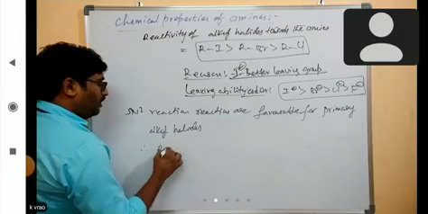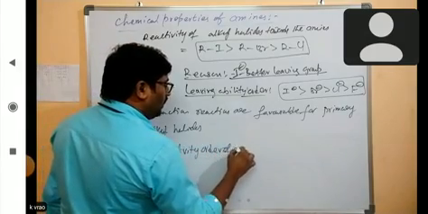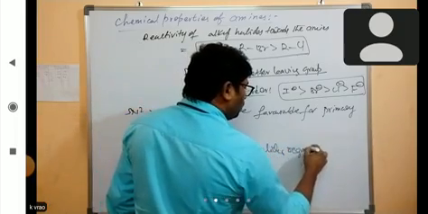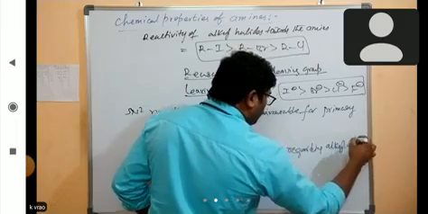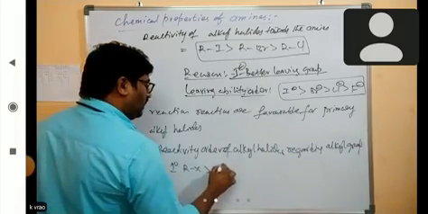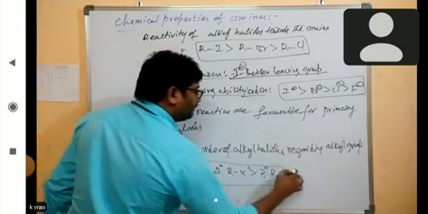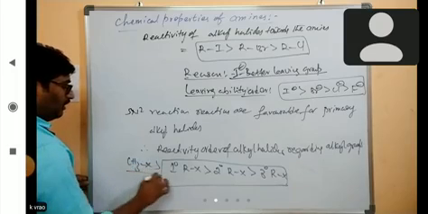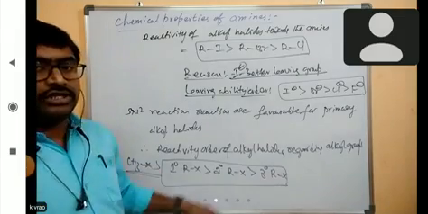Therefore, the reactivity order of alkyl halides regarding alkyl groups is primary alkyl halide greater than secondary alkyl halide greater than tertiary alkyl halide. And here we can write methyl halide: methyl halide is greater than primary alkyl halide, greater than secondary, greater than tertiary alkyl halide.